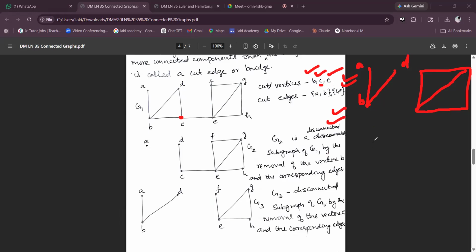If you remove B, you will get what? A, DC, right? It is also divided into two parts. One is an isolated graph and the second is a connected graph. When you remove E, you will get what?